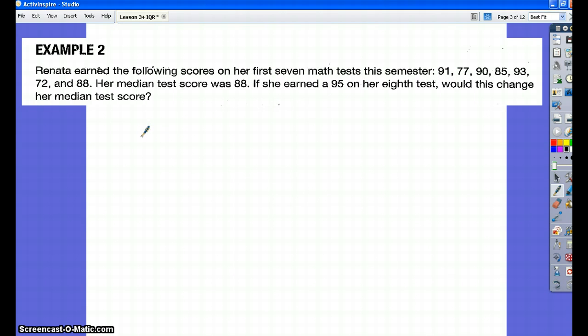Well, let's look. All we have to do really is just arrange the scores from least to greatest. So if we're going to arrange the scores from least to greatest, we get 72 is the lowest number. Cross it out. 77. Let's cross out 77. 85 is the next one.